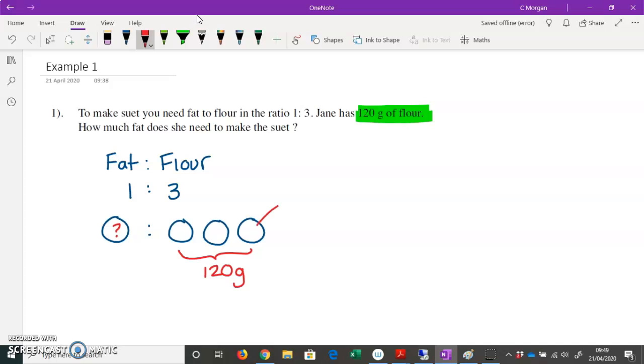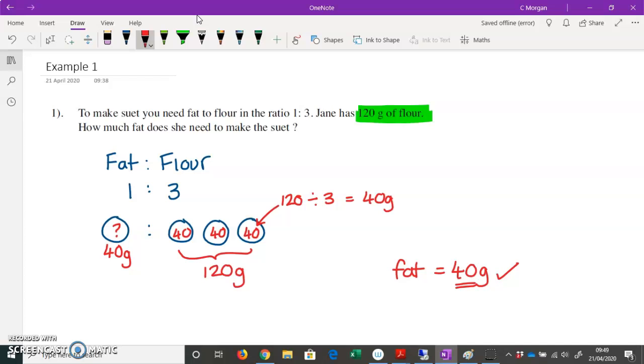So if I want to find out what goes in each one of these bubbles, I'm going to do 120 divided by 3, which gives us 40 grams. So I'm just going to write in 40 in each one of my bubbles. That means on the other side of my ratio, I can replace the question mark with 40 grams, and therefore finally, the answer to my question, the amount of fat, was 40 grams. I hope you got that one right.